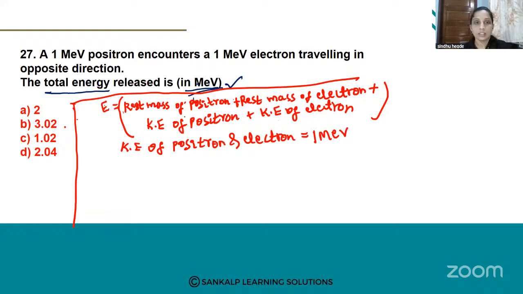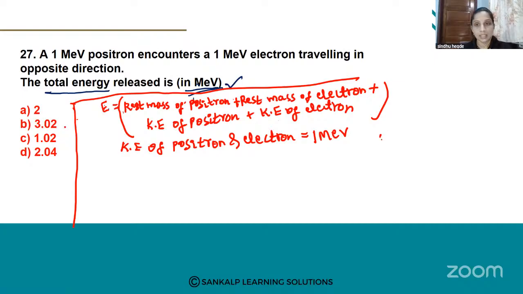Here they do not give the rest mass of positron and rest mass of electron. What is the value? This is a constant value, you should know that. What's the value of rest mass of positron and electron?